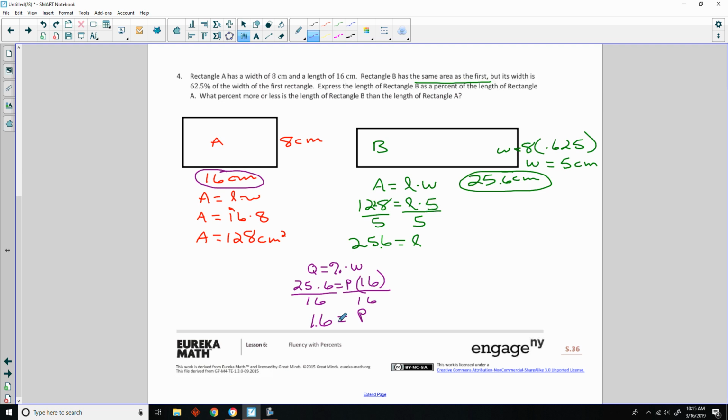So P, the percent, is 1.6. So if we take that 1.6 and multiply it by 100%, we get 160%. So the length of rectangle B is 160% the length of rectangle A.